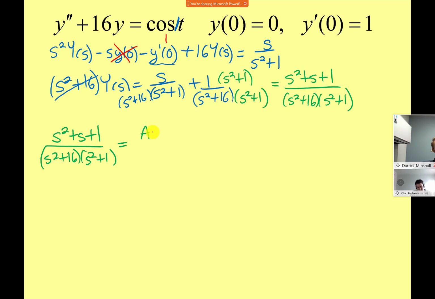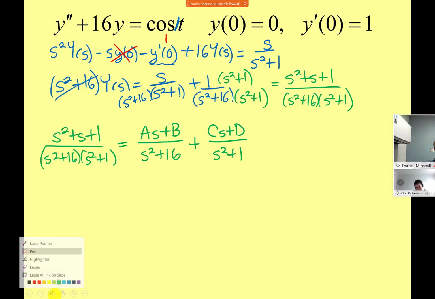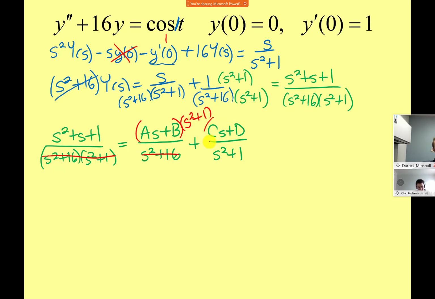So I'm going to need an As plus B, because of the quadratic factor in the denominator, there could have been an s term in the numerator. And then I'm going to need a Cs plus D because of the quadratic again there. Okay, then I'm going to clear it of fractions. So that would cancel here, and the s squared plus 16 will cancel and leave me an s squared plus 1 here. And the s squared plus 1 will cancel and leave me an s squared plus 16 here when I clear them of fractions.